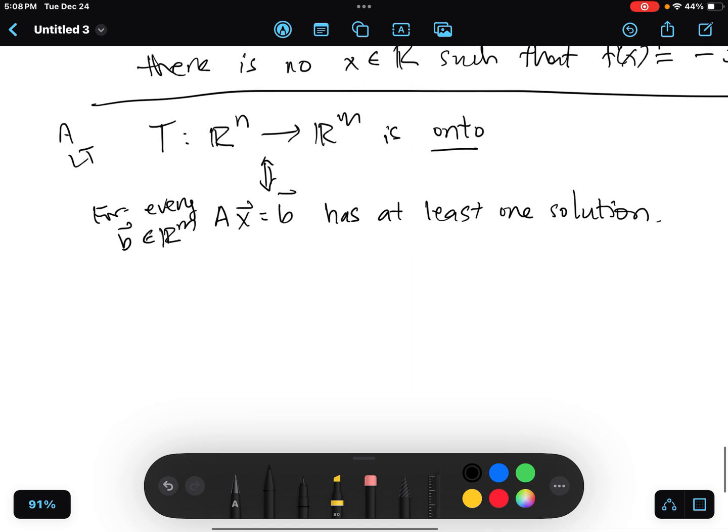Okay, that's just translating the linear transformations back to the matrices.